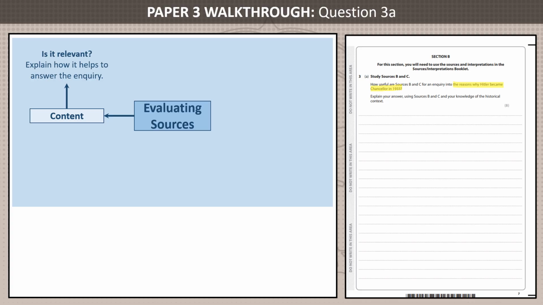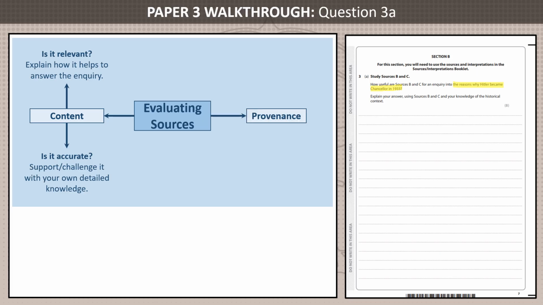If it does, you could explain how the source helps to answer the inquiry. We might also ask, is the content true or accurate? The best way to do this is to support or challenge the content with some of your own detailed knowledge.